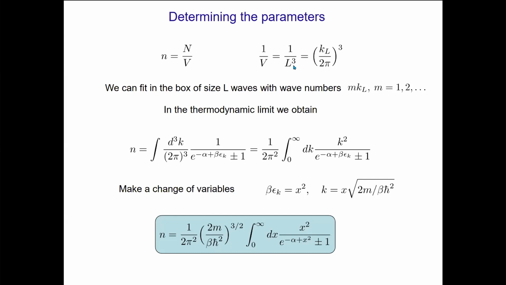This is basically, if you remember from quantum mechanics, if we have the wave with the number k_L, then this is the smallest k possible, or the longest wavelength possible, and then we can fit in the box of size L waves with wave numbers k_L, 2k_L, etc. So basically, the smallest wave number will just be like a half period of the sine function.